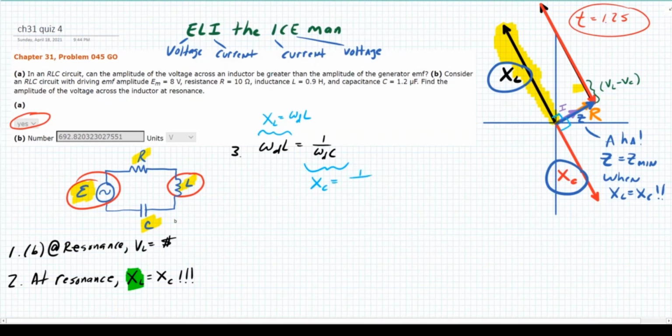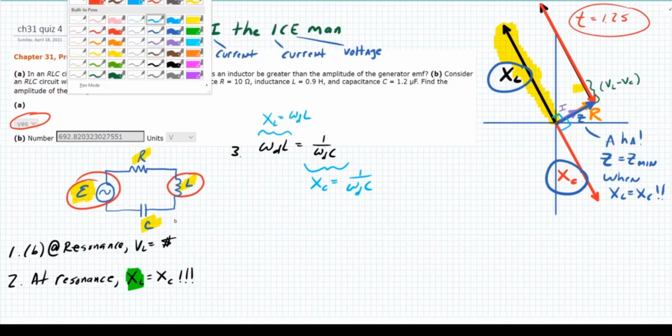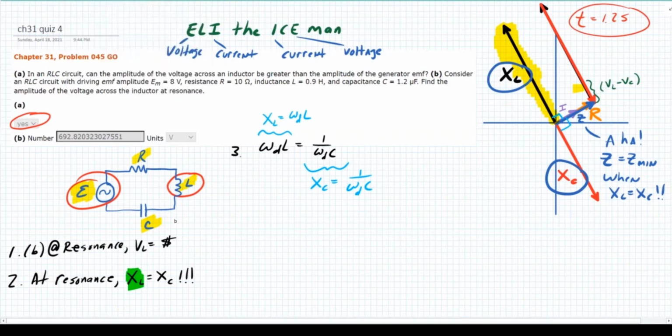C is in the cellar, that's how I remember that. So let's solve for the driving frequency. Omega D squared equals 1 over LC, which means the driving angular frequency equals 1 over the square root of LC.